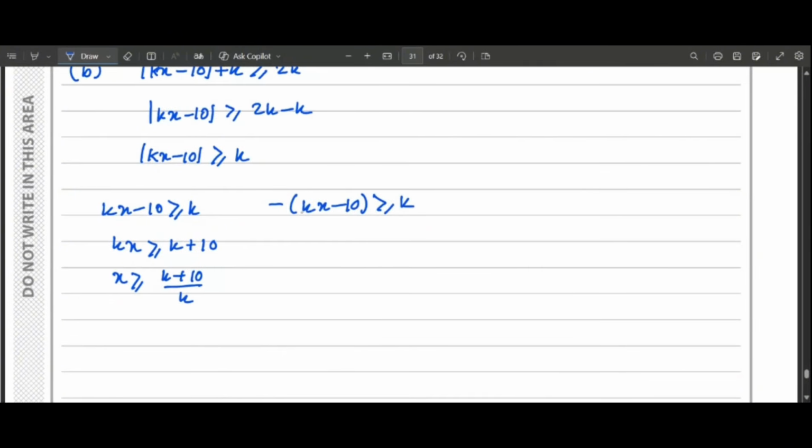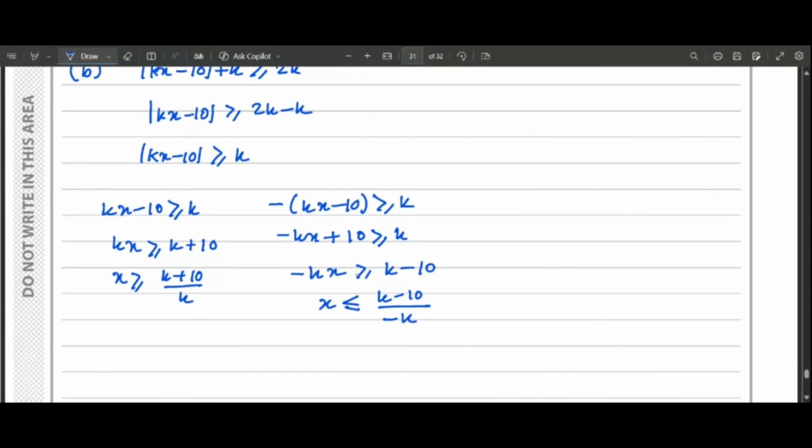And for the other inequality, we can simplify. Minus kx plus 10 is greater than k, or minus kx is greater than k minus 10, or x is less than or equal to k minus 10 divided by minus k.